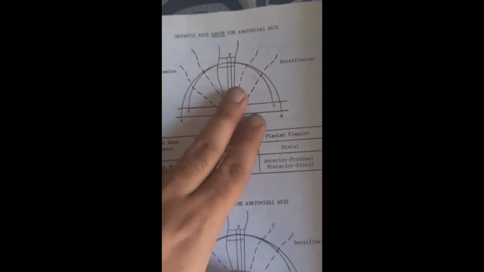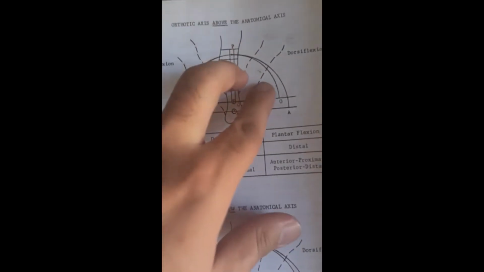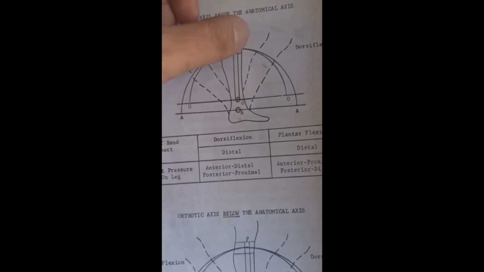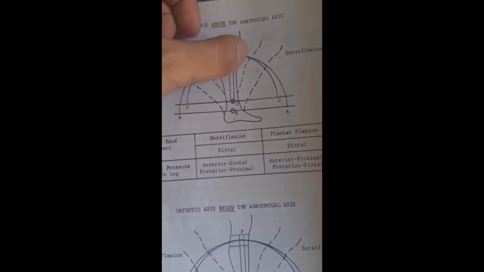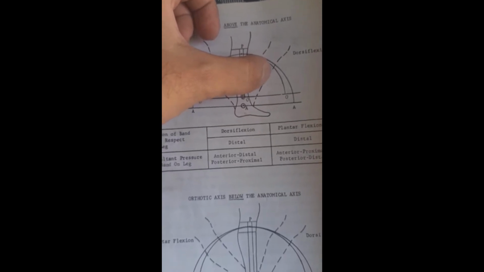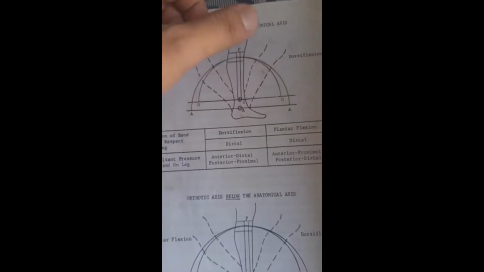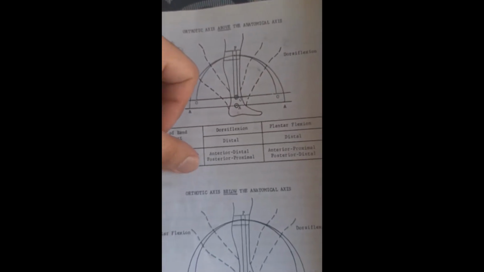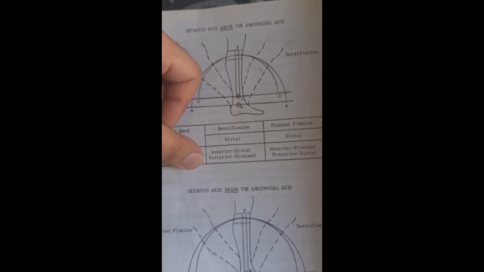We will discuss only these two points, as the point of O at the posterior side is proximal, while the point of O at the anterior side is distal. So when the leg moves in dorsiflexion, the pressure on the anterior side will be distal, and on the posterior side it will be proximal.